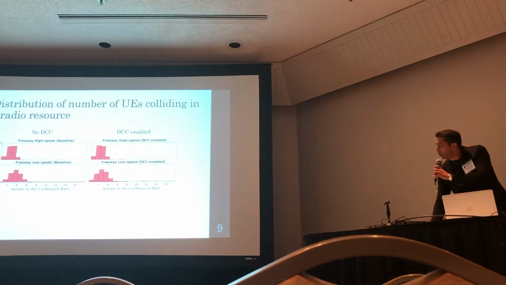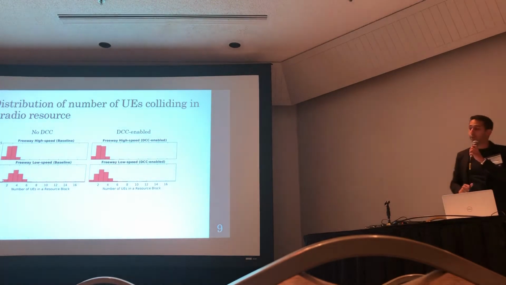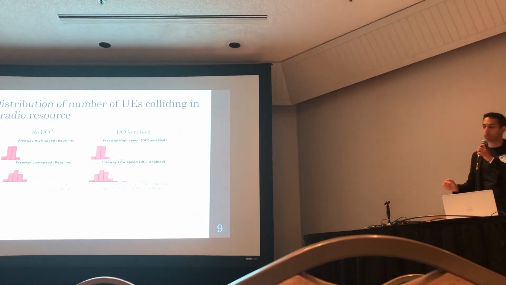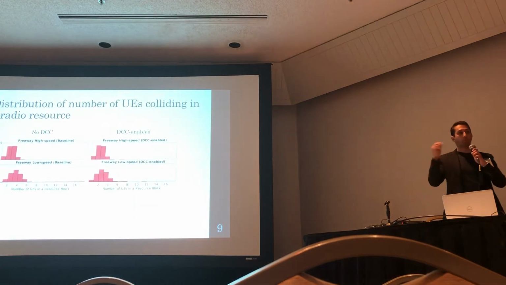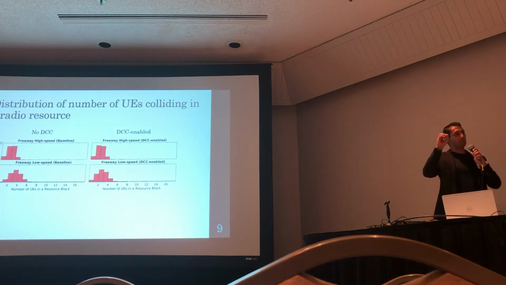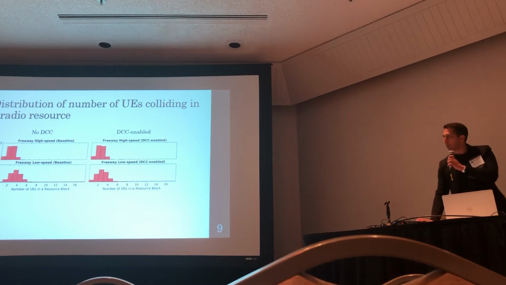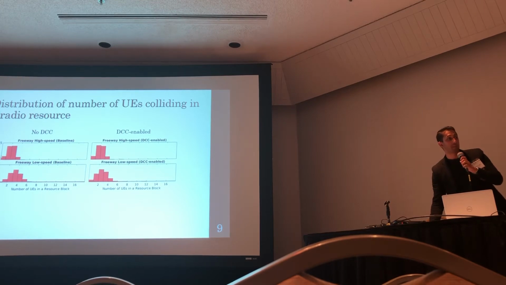The important point I would like to mention is this. Let me first give you a view of what this plot is about. We are looking at the distribution of messages in each radio resource. Here I'm saying that there are a bunch of resources that have 0 messages in them, which means they're unutilized, which is something we don't like, right?